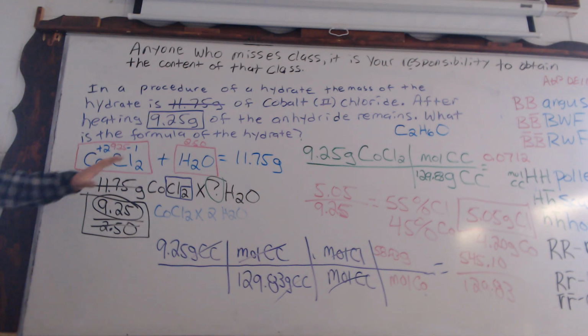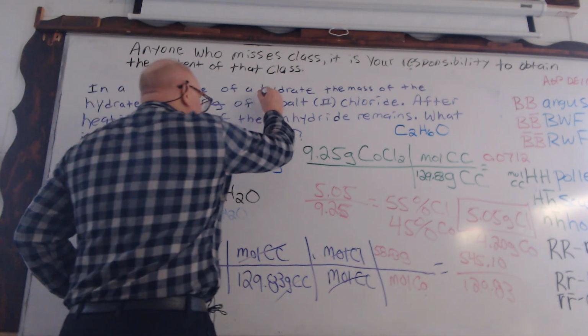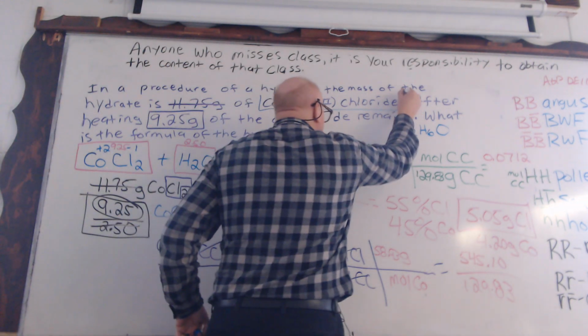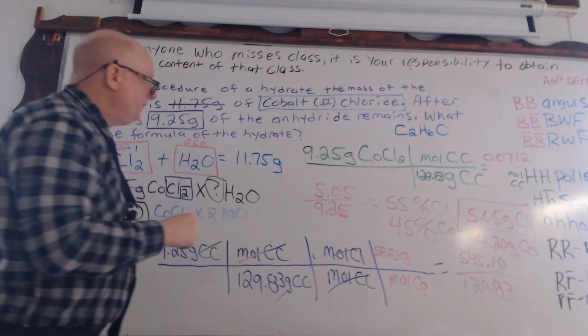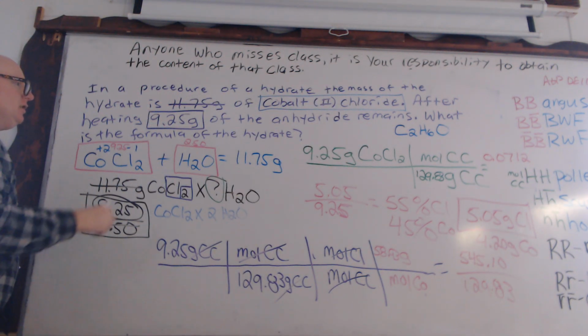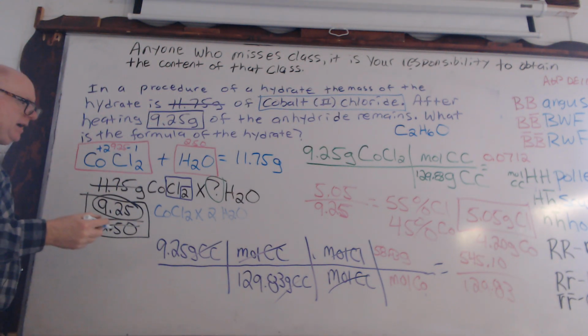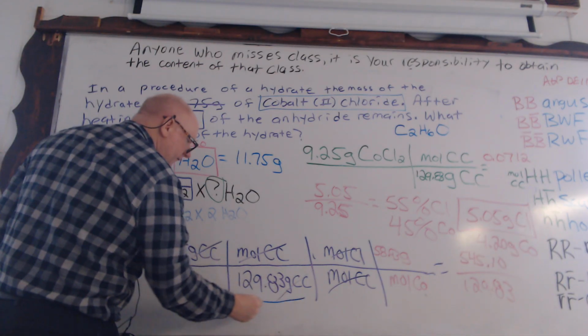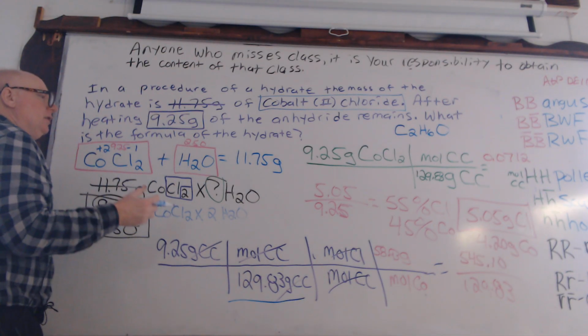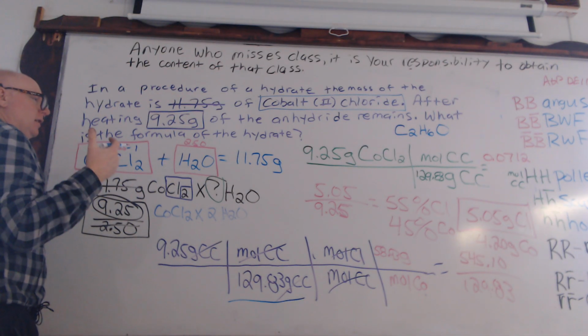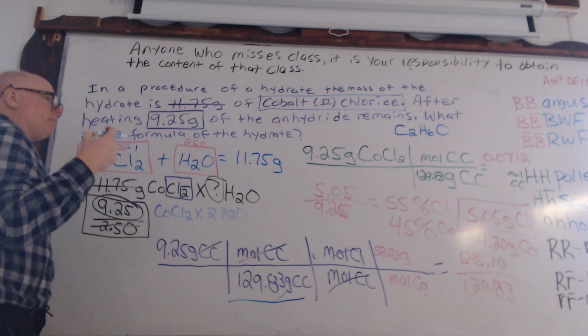So notice that this does encompass everything that we've done this chapter, where you had to look at this, write out the formula. Okay? We took that, you had to add together its atomic mass, which is right here. We did an empirical formula problem.